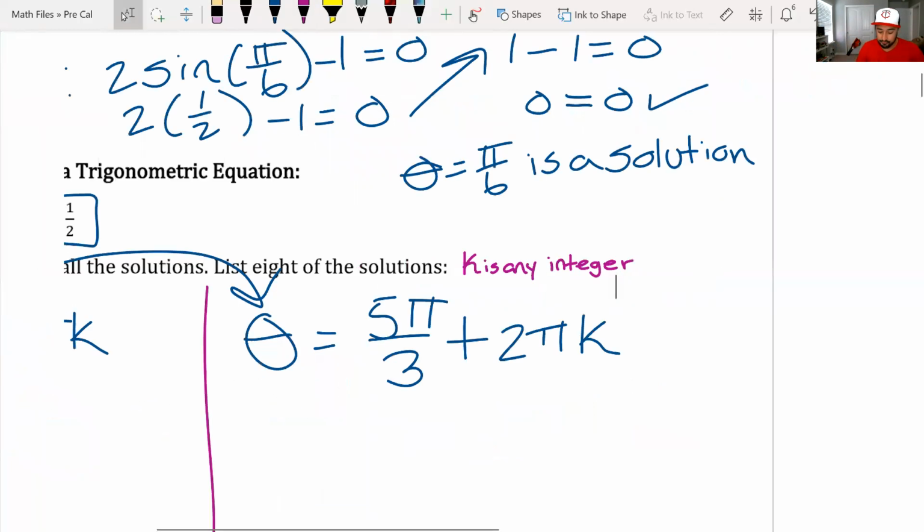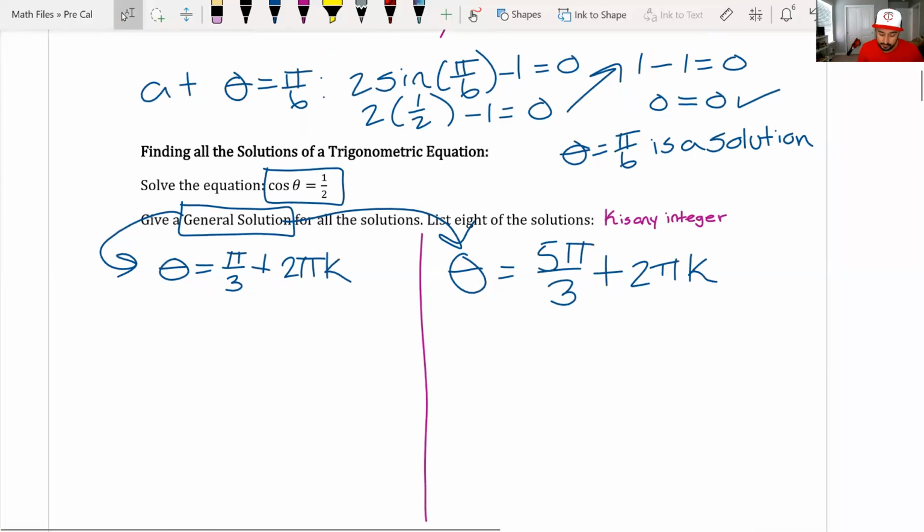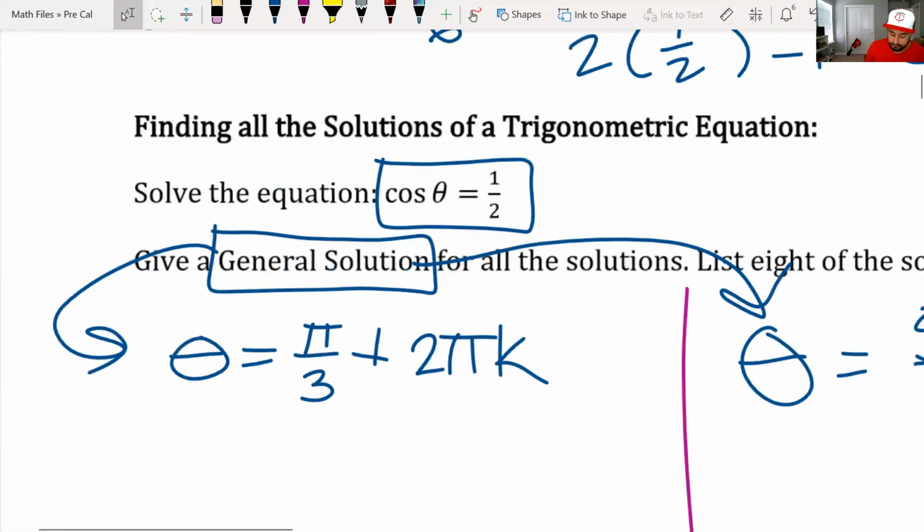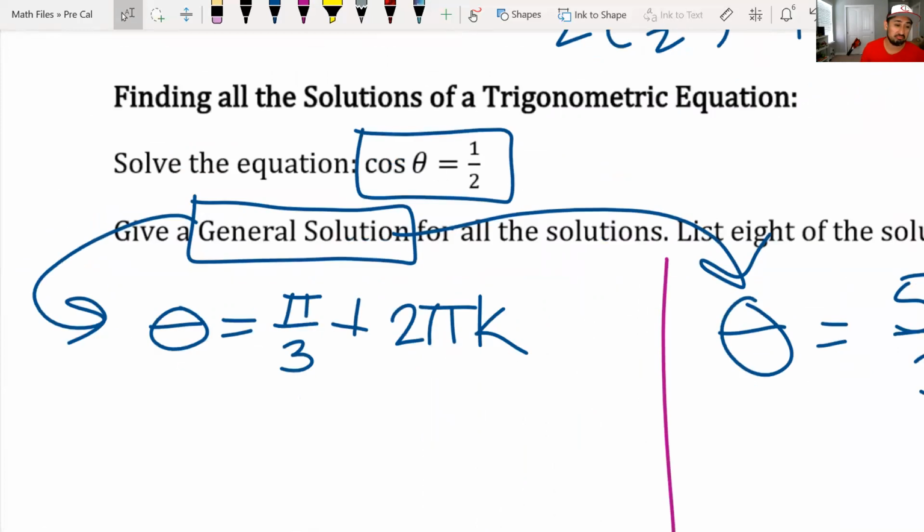But we want to keep it simple. And let's start with, well, k equals 0. Sure. That's where we'll start. We'll say k equals 0.